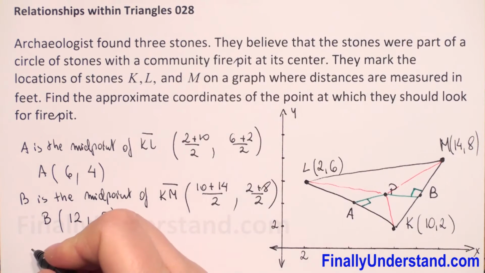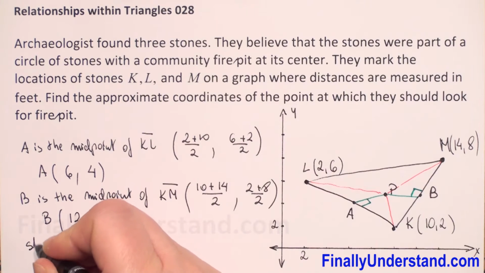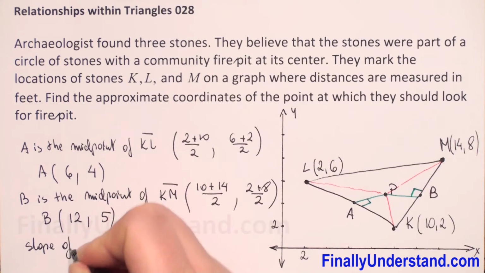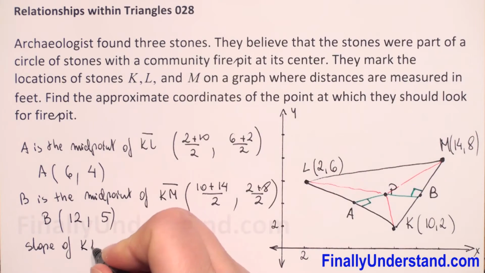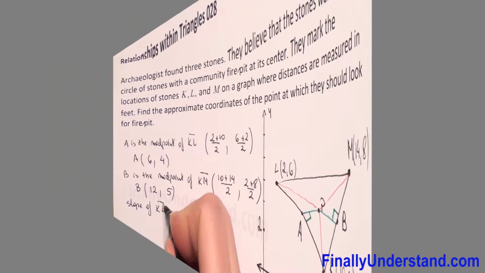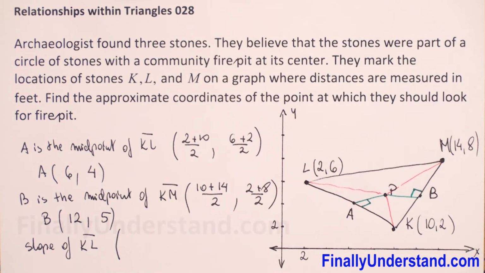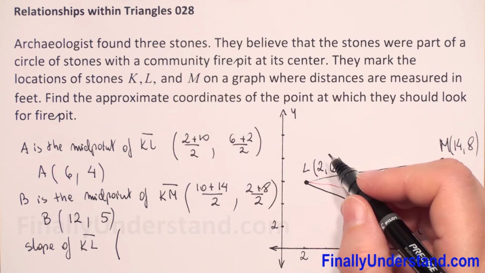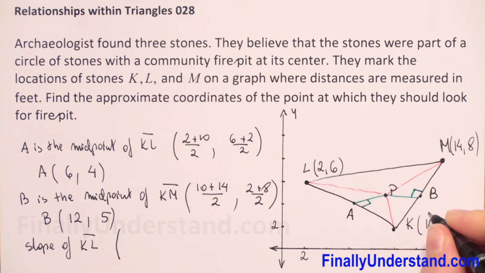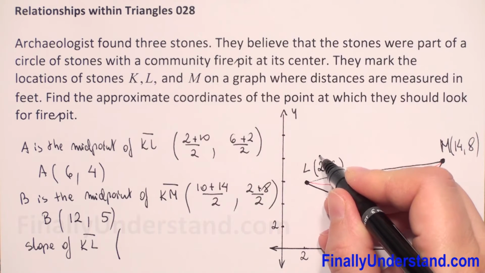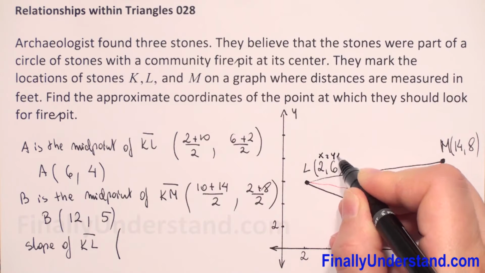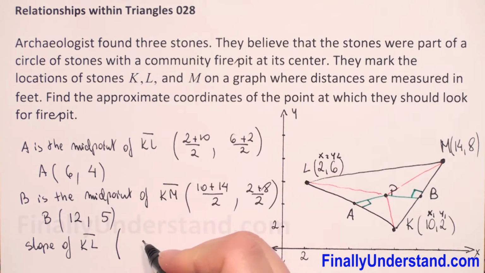So first we will find the slope of KL segment. Let me remind you the formula for slope. If point K has coordinates x1, y1 and L has x2, y2, then in the numerator of the slope formula we have y2 minus y1, and in the denominator we have x2 minus x1.